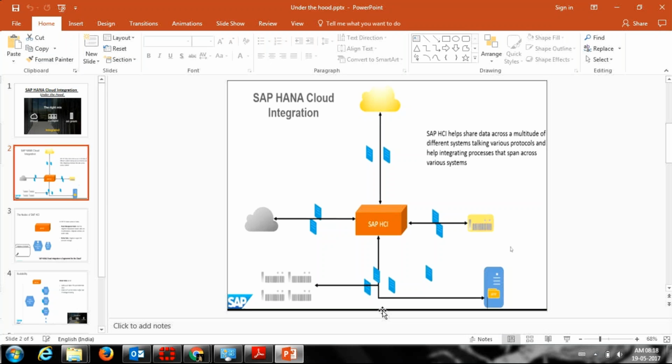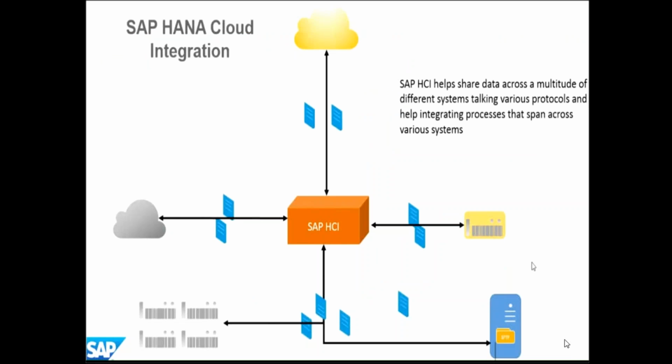So you have the third party cloud, the SAP cloud, the SFTP, the SAP on-premises ERP, or the third party on-premises ERP, or the SFTP server. All these things will be communicating directly to your HCI for the sake of integration.